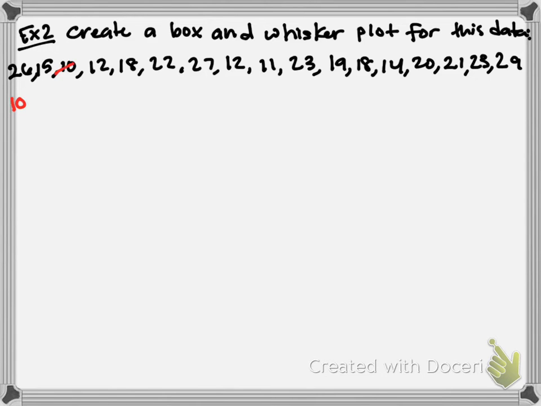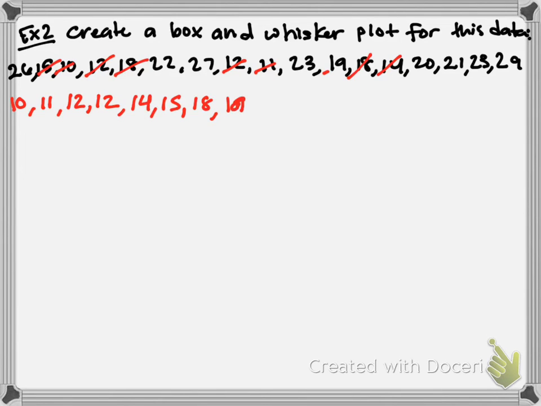I see a 10, I see an 11, let's see, I have 2 12s, then I have a 14, and a 15, and an 18, and a 19. Oops, I missed an 18.